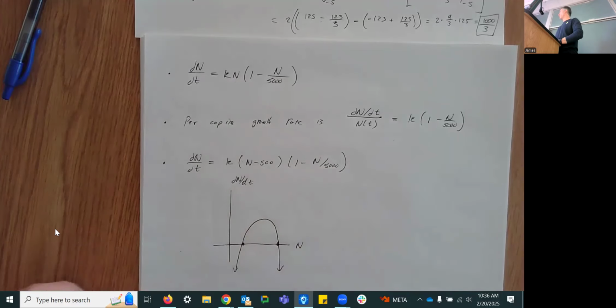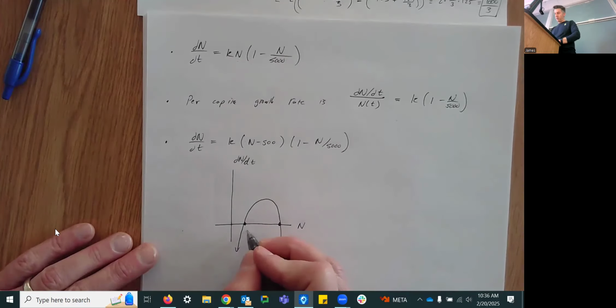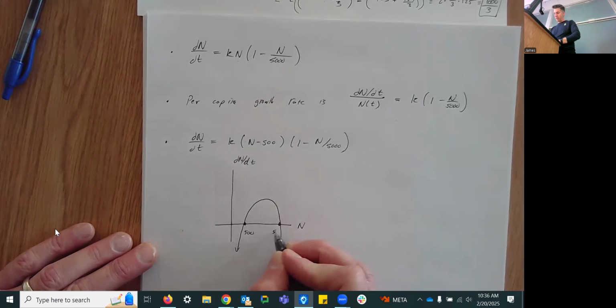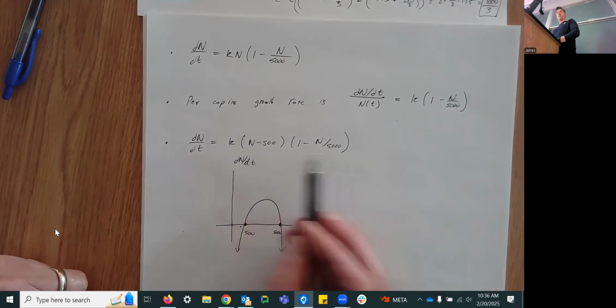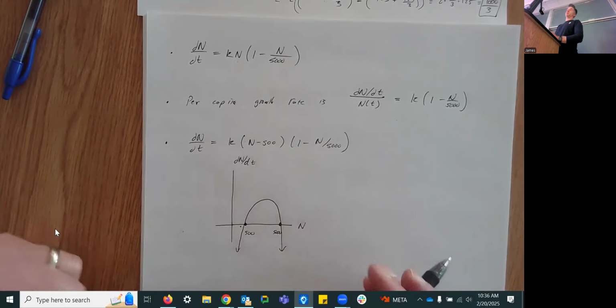Based on my picture here, is 500 the stable equilibrium, or is 5,000? 5,000 is the stable equilibrium, so 500 is the unstable one. If you're left of 500, if your population is less than 500, you're going to decrease down to 0. So my guess would be that this is probably correct, but that's just my guess.